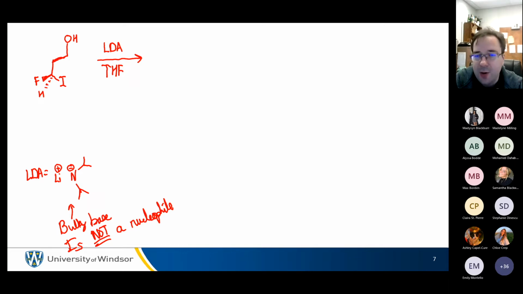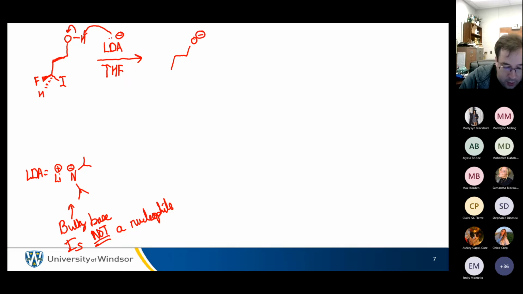Perfect. Thank you. So everyone's got this. I think some people are just able to skip a step, which is good for you. I'm just going to think of it as negatively charged. It's the nitrogen of the aldehyde that's attacking. We move the electron, break the bond, and make our intermediate. Now what happens?